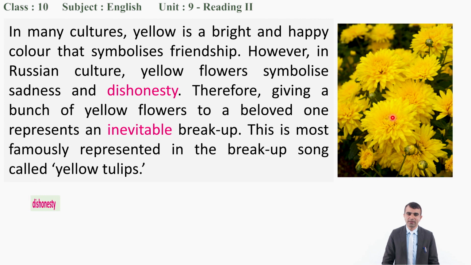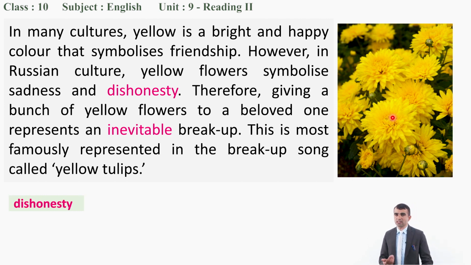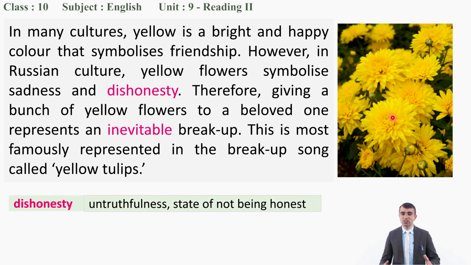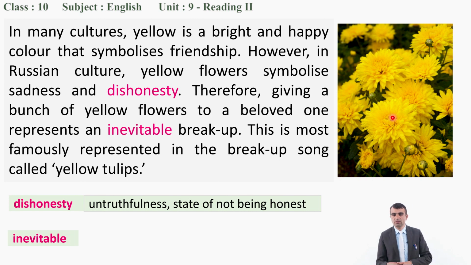Okay, not good. Well, now here there is a word dishonesty. What does it mean? Not being honest. Very good. Okay, not being honest. Untruthfulness. State of not being honest, isn't it? Similarly, inevitable. Inevitable means, well, here, a bunch of yellow flowers to a beloved one represents an inevitable breakup.